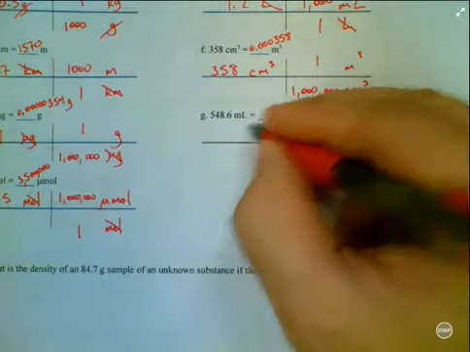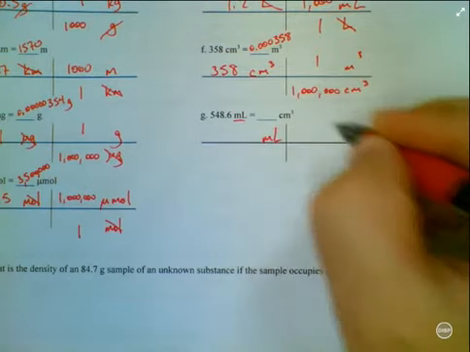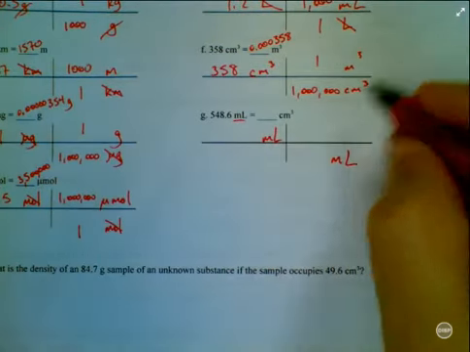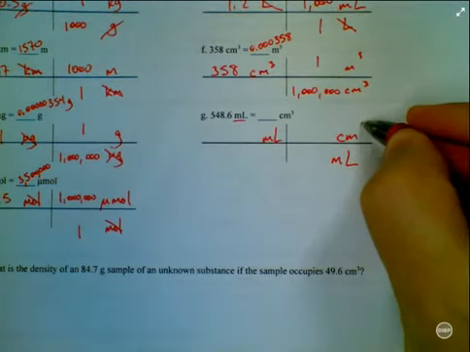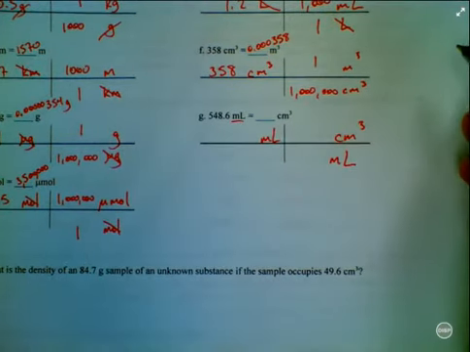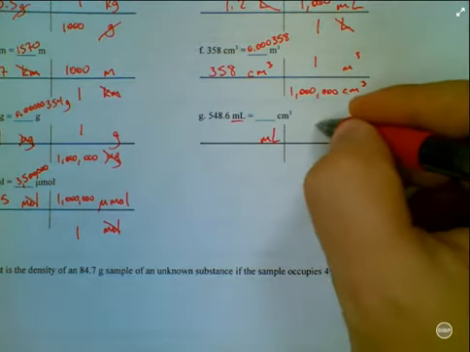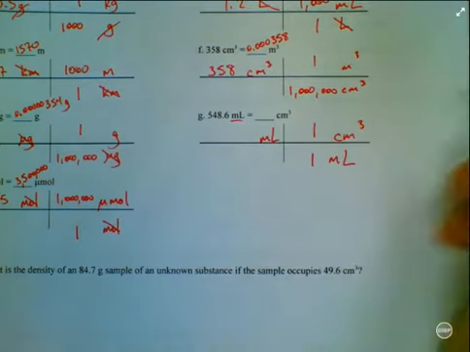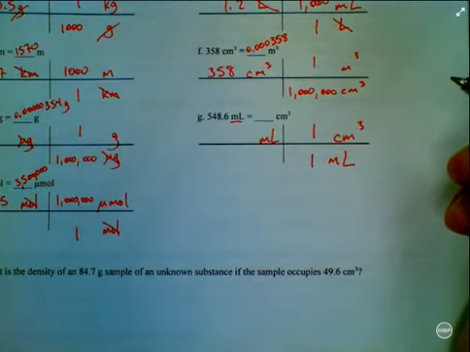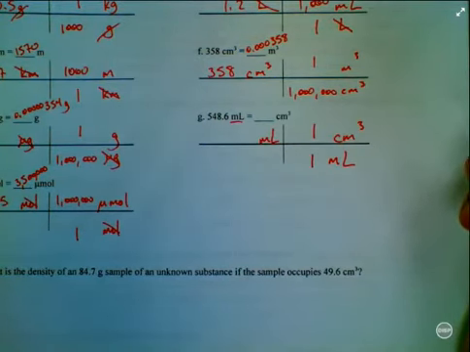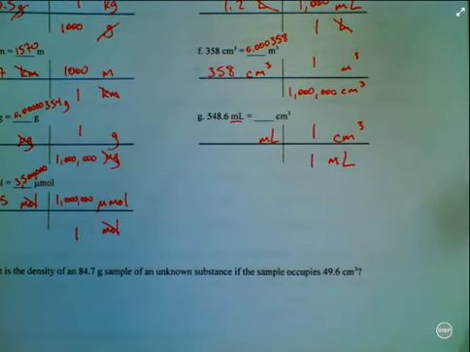Lastly, problem's giving me milliliters. I'm going to want to convert away from milliliters and into cubic centimeters. Now, a statement of equality, a conversion that you're going to need to memorize, going to be very helpful for you in the long run, is that for every 1 cubic centimeter, I have 1 milliliter. They're the exact same volume. It's going to make it very easy for you to convert between cubic centimeters and milliliters, or from meters cubed into liters.